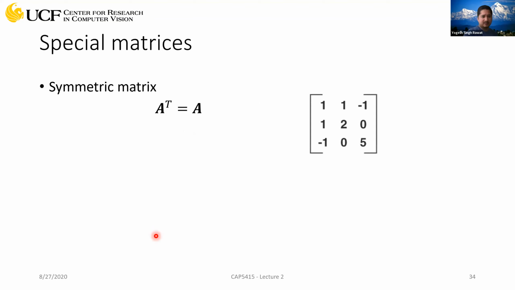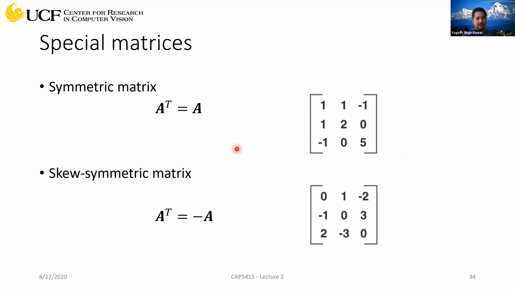So symmetric matrix, that's fine. If you take the transpose, the matrix will not change. It means the upper right part of the matrix is the same as the bottom left part. Skew symmetric is almost similar to that, but you have a negative sign here. Sometimes this is also useful.